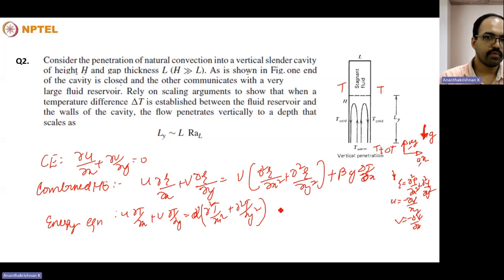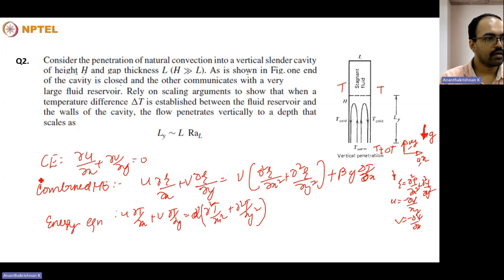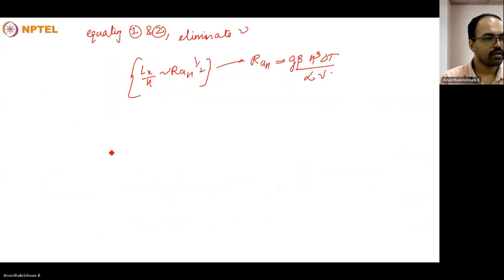So we can approach it in a similar manner compared to that of the previous question.